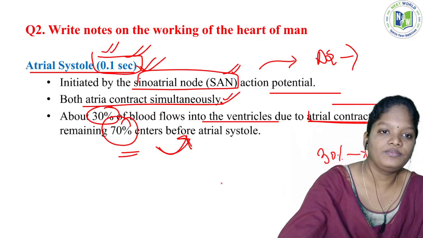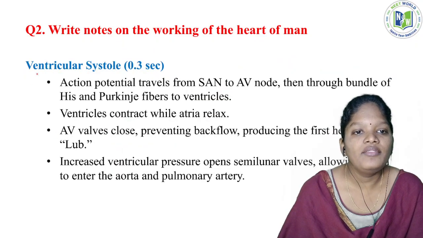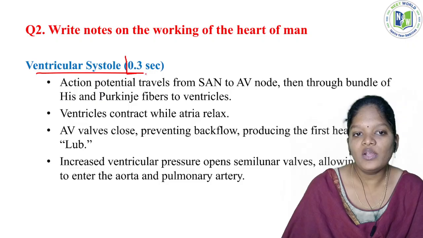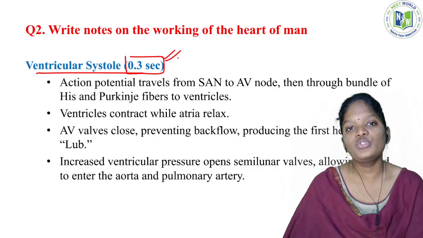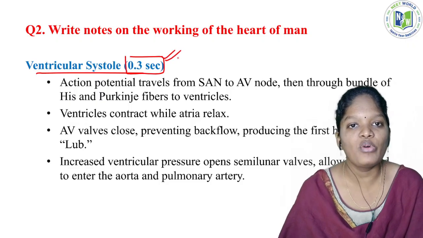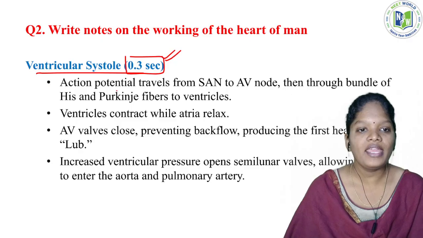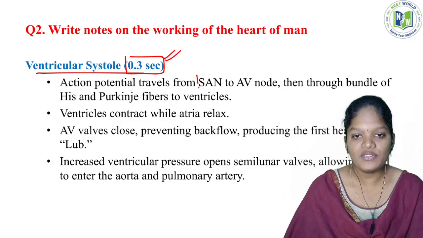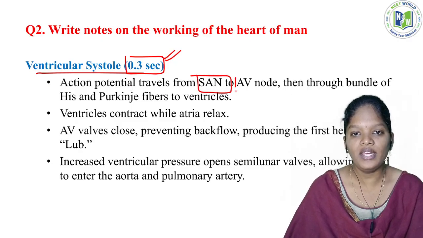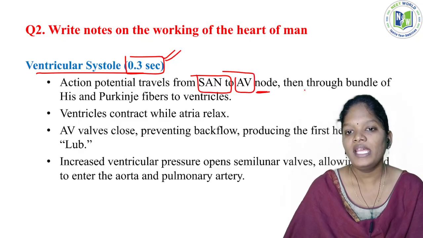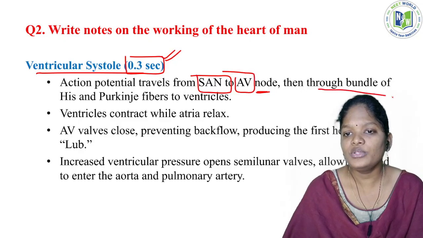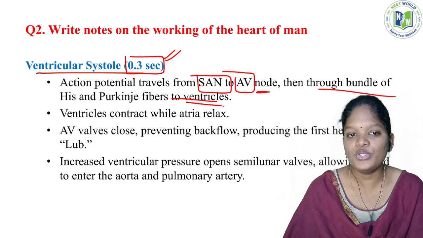Now, ventricular systole. The duration of the ventricular contraction is 0.3 seconds. The action potential travels from the sinoatrial node to the atrioventricular node, then through the bundle of His and Purkinje fibers to the ventricles.